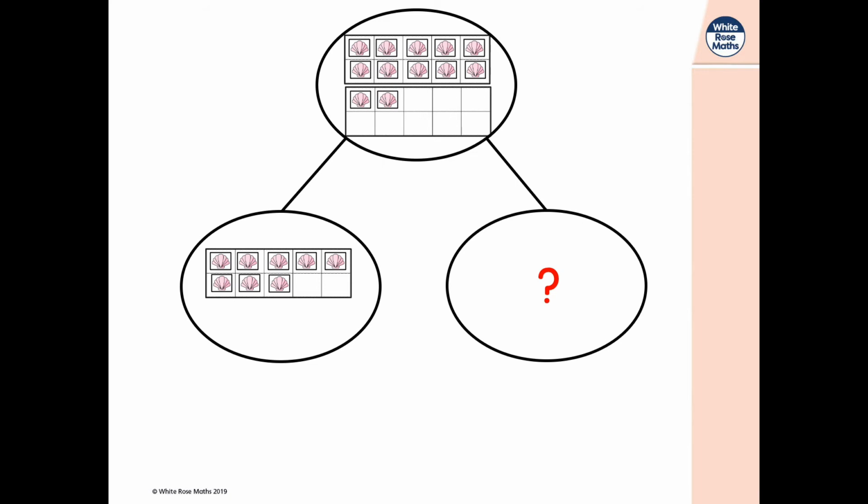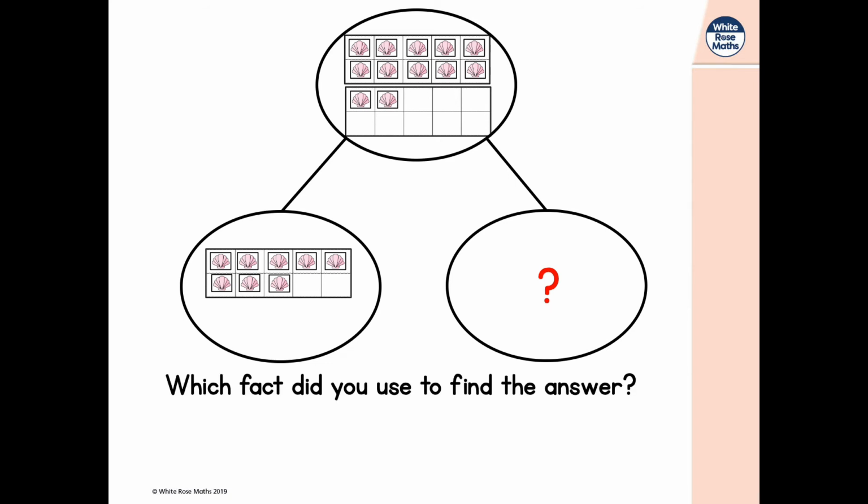Well, our first challenge is to write 4 facts. And we want to include the question mark. We want to include what we don't know. Because eventually I want you to tell me which fact did you use to find the answer. So let's see. What addition fact could we write? Yes, we could say 8 plus something is equal to 12.